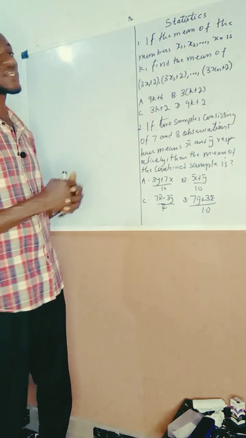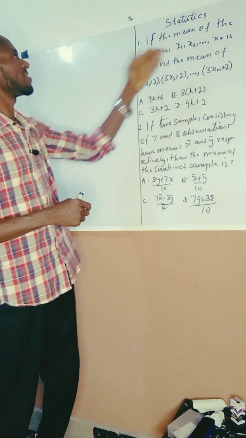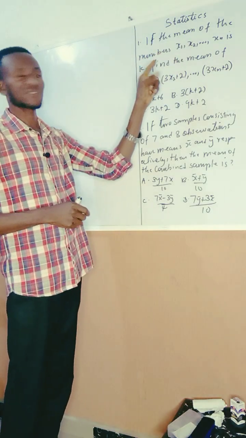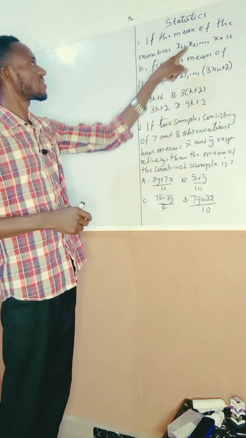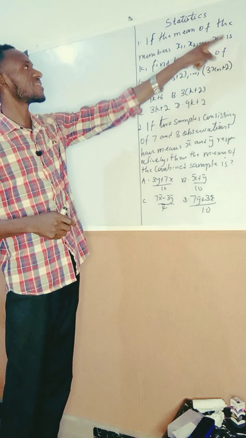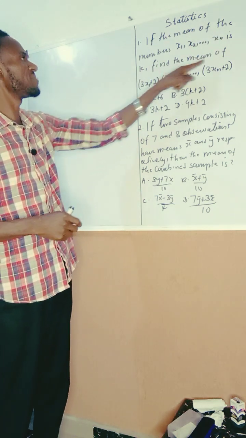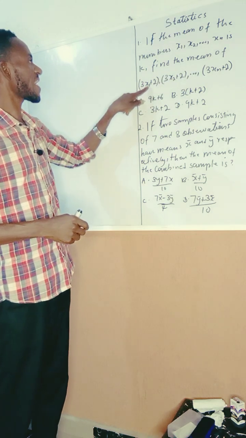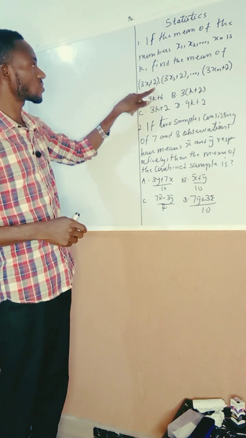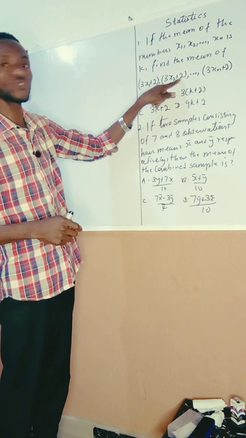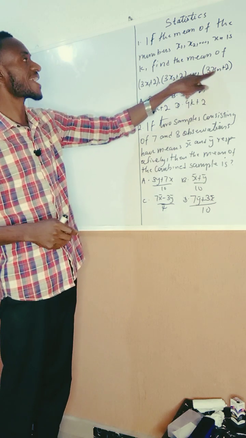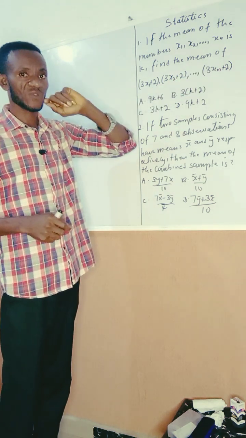So number one says, if the mean of the numbers x1, x2 down to xn is k, find the mean of 3x1 plus 2, 3x2 plus 2, up to 3xn plus 2.